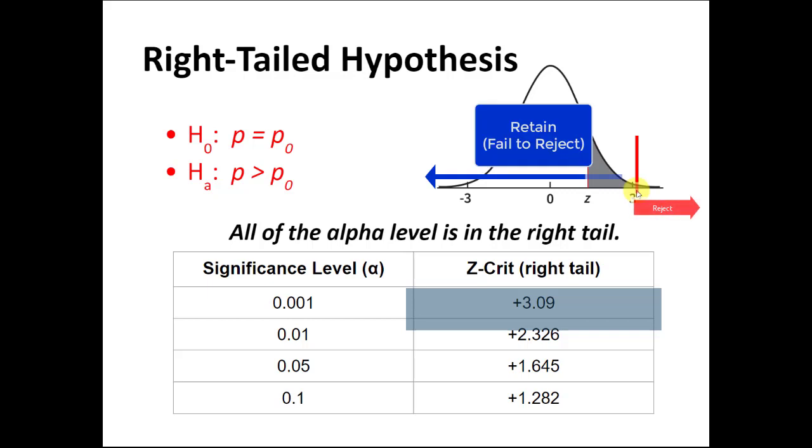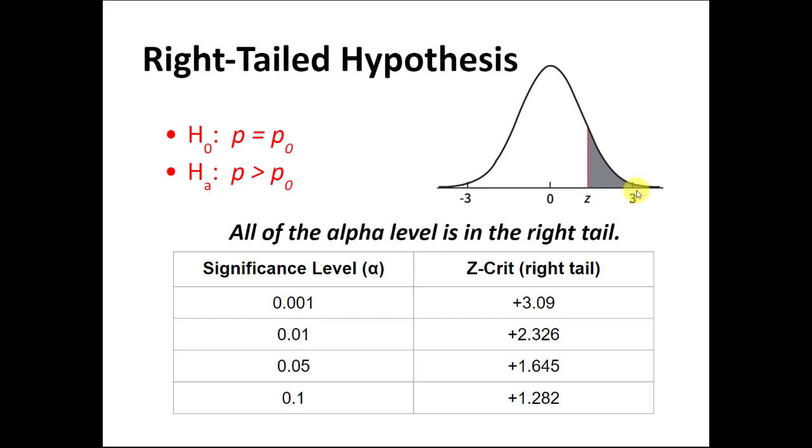For a significance level of 0.01, your z-crit is positive 2.326. So you're going to have your z-score more or less right here. That's going to be the z-crit in this right one-tailed hypothesis for proportions.